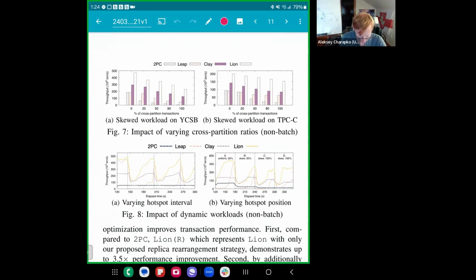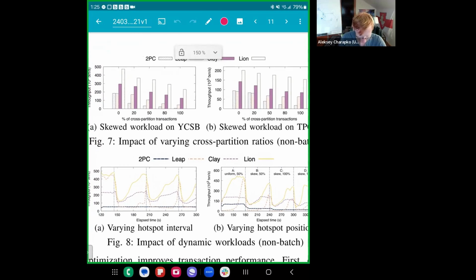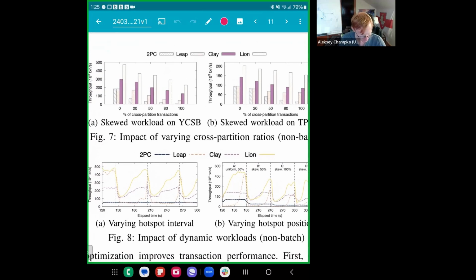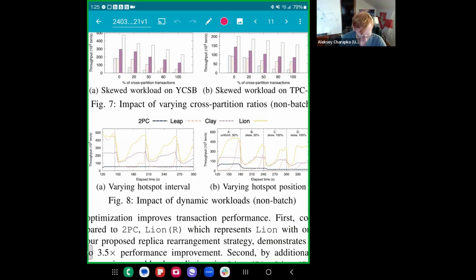I do want to show a few evaluation figures that they had, right? So they ran, let's say, YCSB, skewed workload. The bars are not so much interesting to me, but I do like to see this graph, right? So the line is the orange line, and this is variant hotspot workload and variant hotspot position. So, as the workload changes, they need to readjust their placement, right?